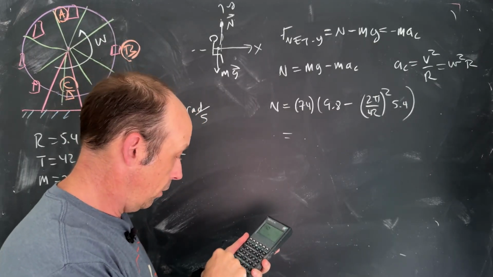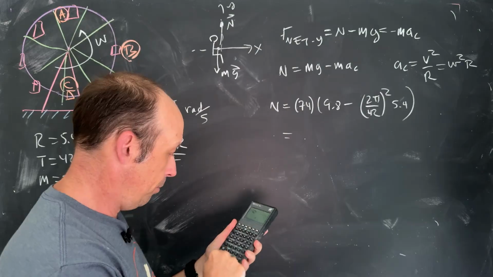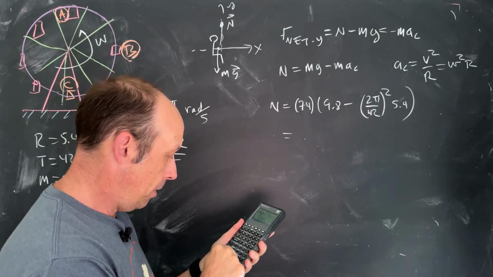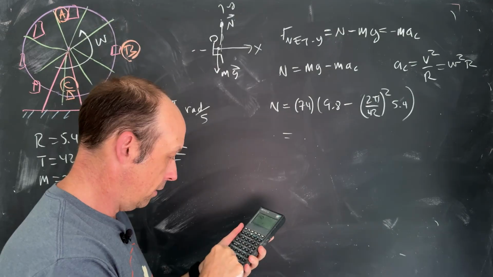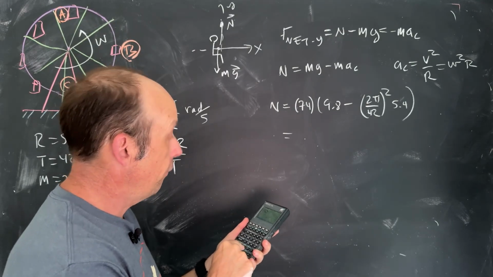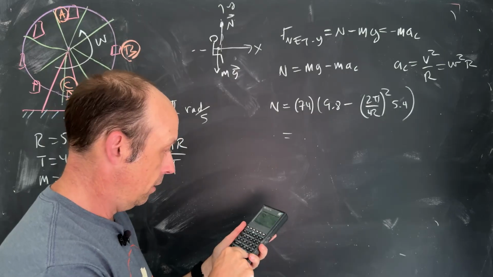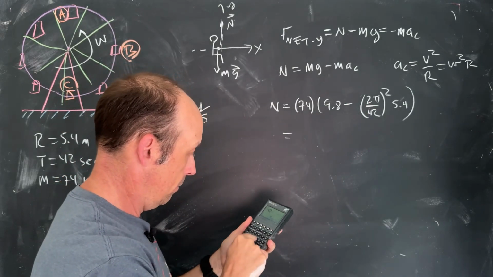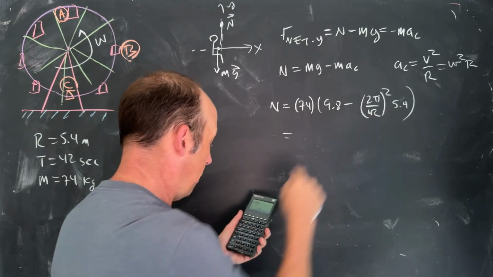Okay, 74, enter, save that. 9.8, enter, save that. 2, enter, pi times 42 divided by. Now I'm going to square that whole thing. So I got that. Now I'm going to multiply by 5.4.